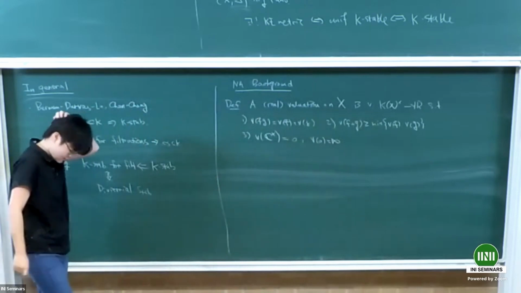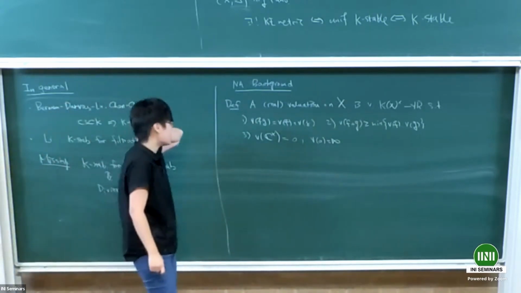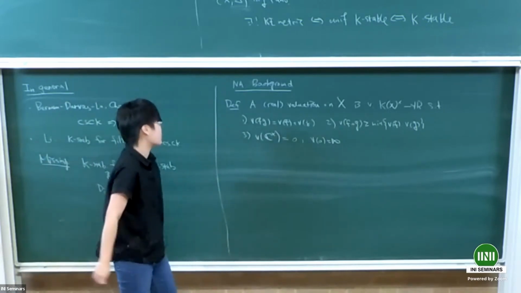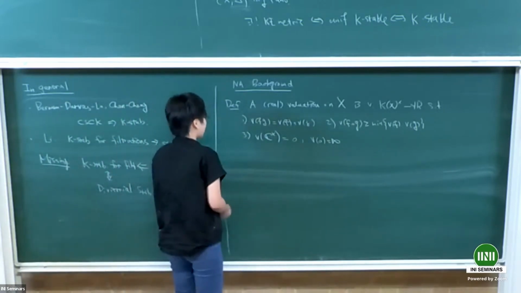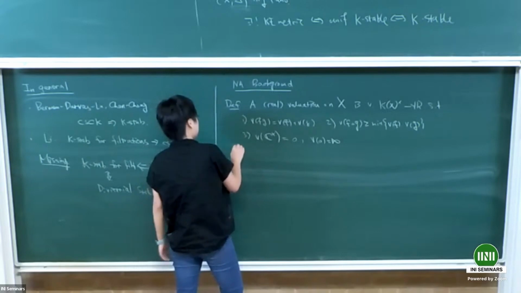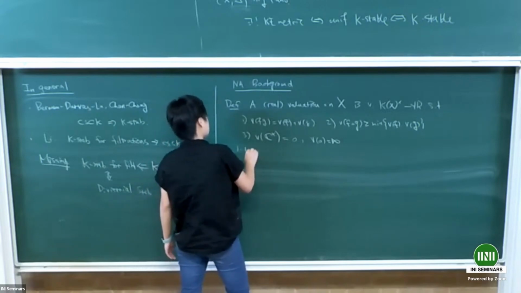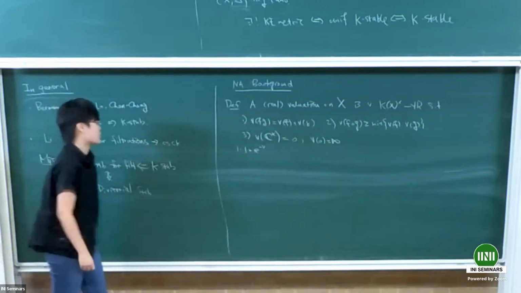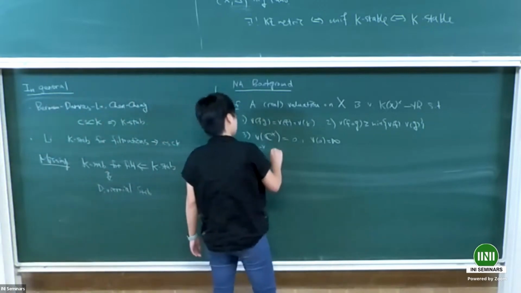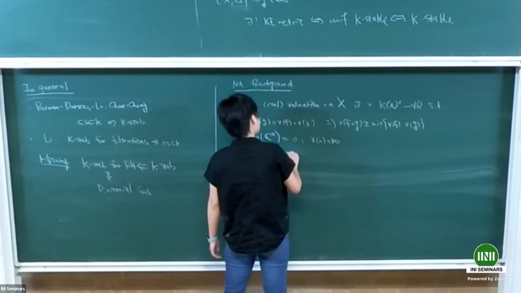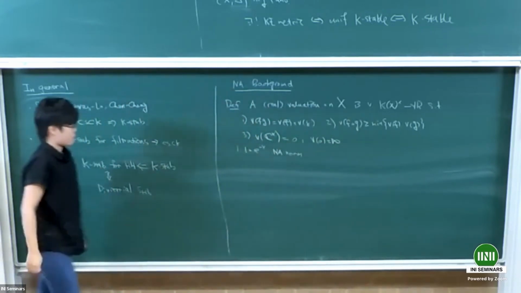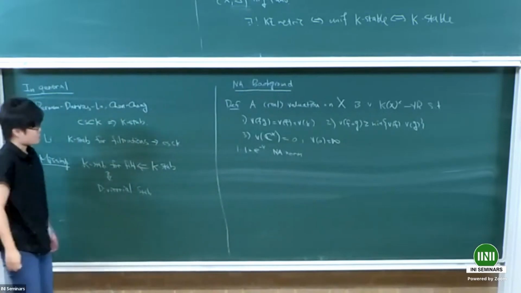So this is the formal definition of a valuation, in the additive notation. It's basically definitional that if you take e to the minus v, then you end up with a non-Archimedean norm. So all the same axioms except for this a priori stronger triangle inequality that is non-Archimedean.